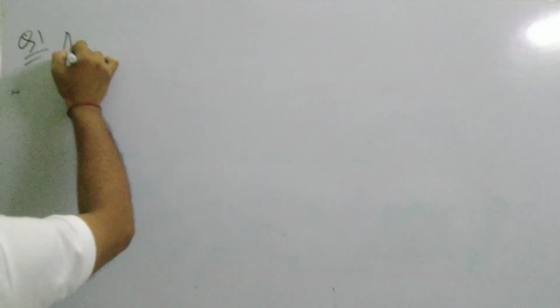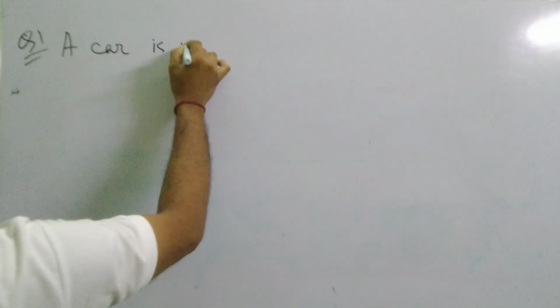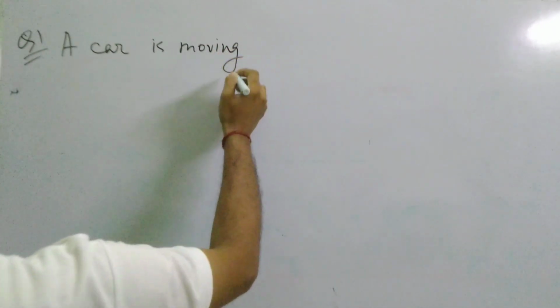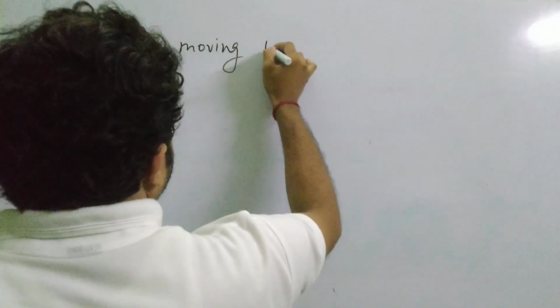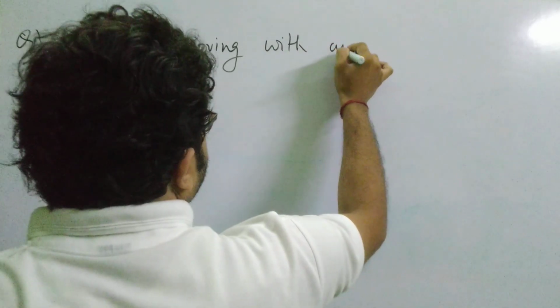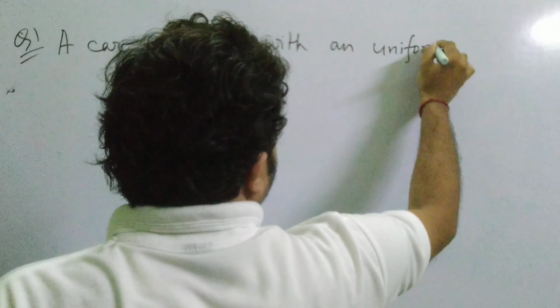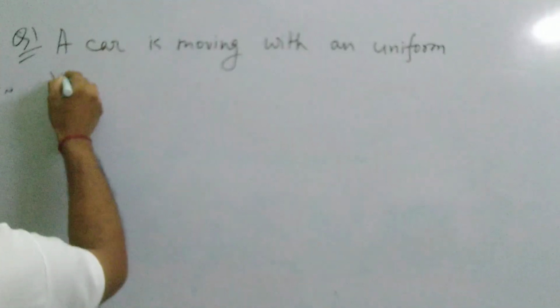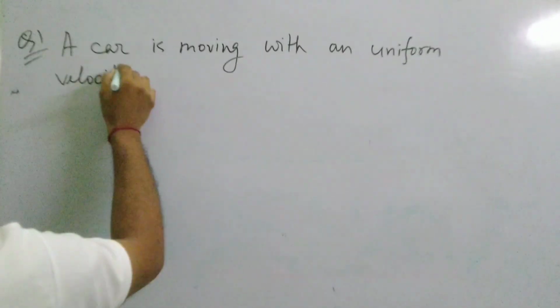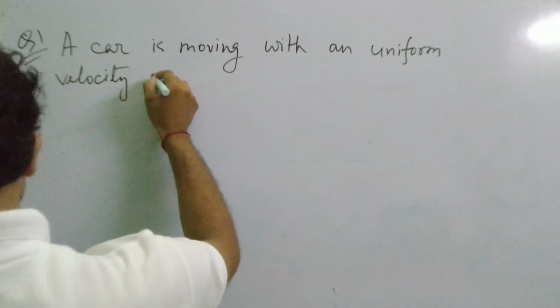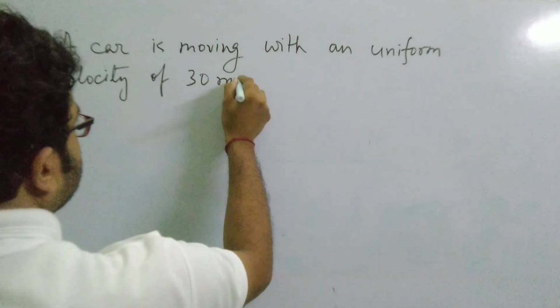Okay, so there was some power issue. Now let us continue. See the example, the numerical that we are talking of. It is saying that a car is moving with a uniform velocity of 30 meter per second.